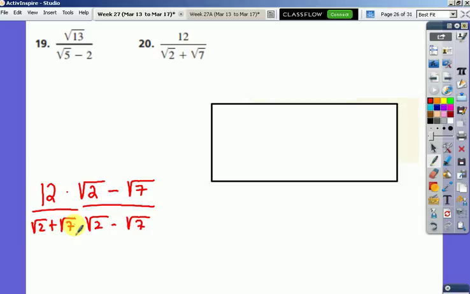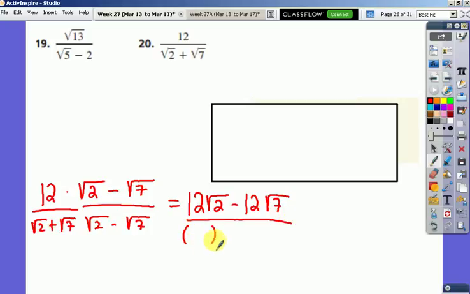Okay, when you perform the distribution, you're just leaving 12 on the outside. 12 square root 2 minus 12 square root 7 divided by, okay, what am I going to square? What's going to be squared? Square root 2 and square root 7.